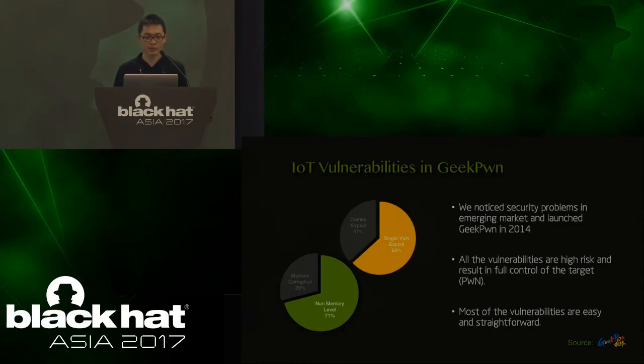From the chart, we can see that 71% of the vulnerabilities aren't memory corruption, which means they don't require shellcode to be exploited. 63% of the vulnerabilities are exploited alone and don't need to be combined with other vulnerabilities to get full control. In a word, most of the vulnerabilities are easy and straightforward.